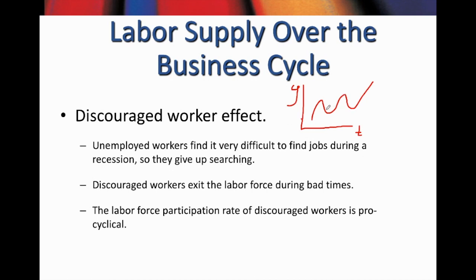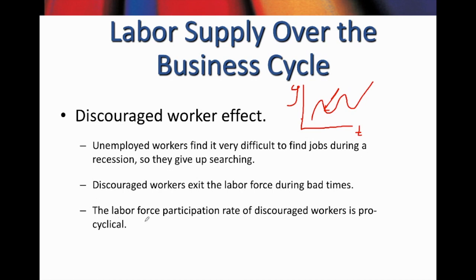This happens in a recession, along this line, when economic growth is declining. They give up, and this is what we call the discouraged worker effect. So the discouraged workers exit the labor force during bad economic times.